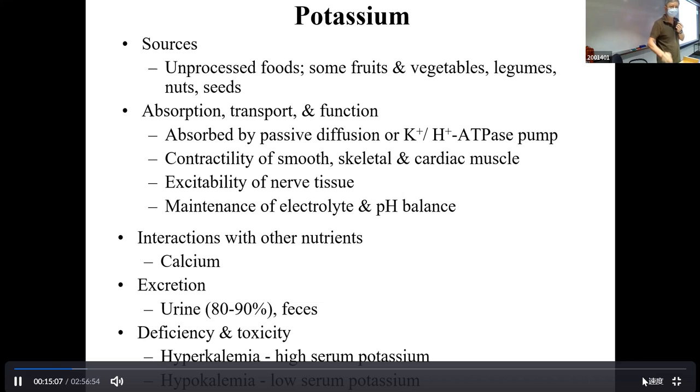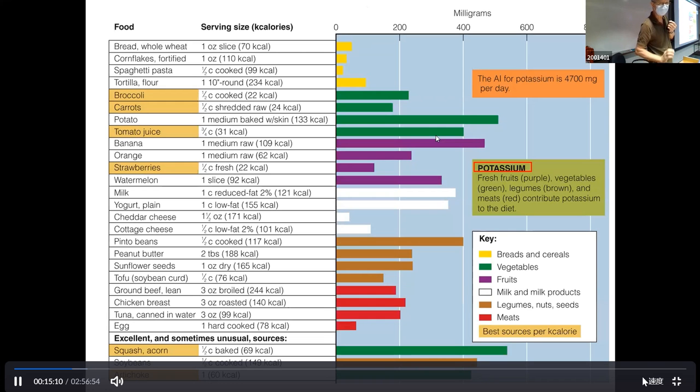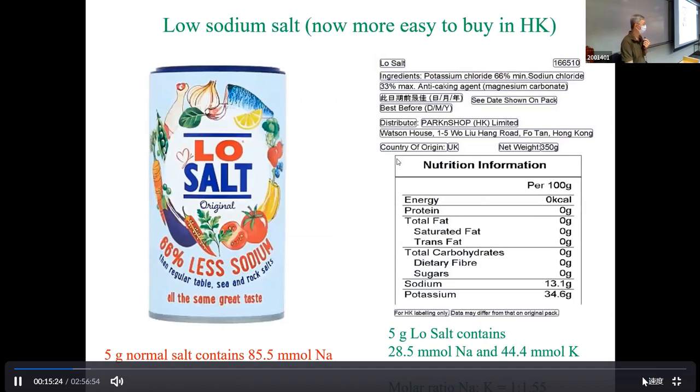Now, if you look at this diagram, this is just to give you an idea of what the so-called potassium-rich foods are. I'm not going to spend time on it, okay? But I highlight to you that in Hong Kong, we do not have a lot of availability of low sodium salt.